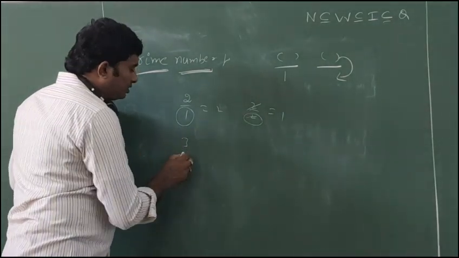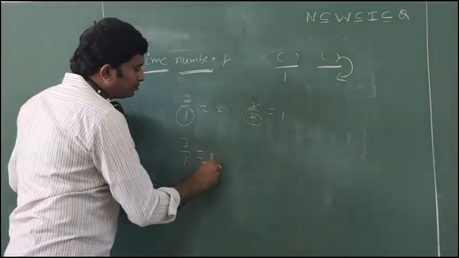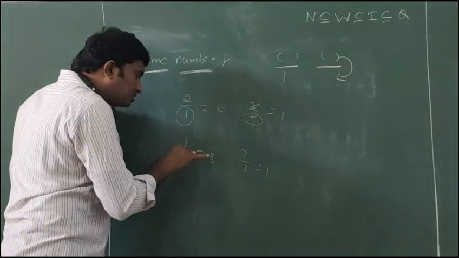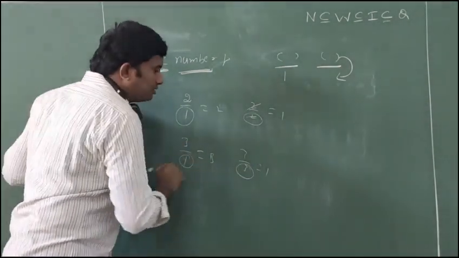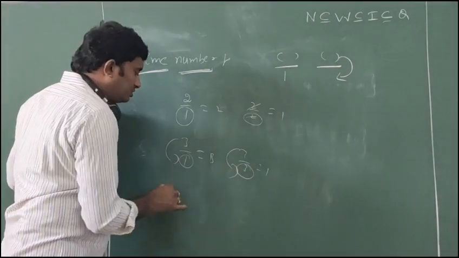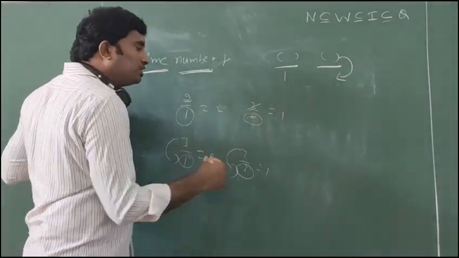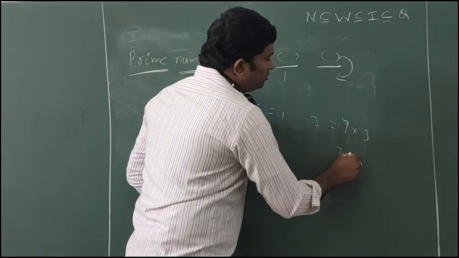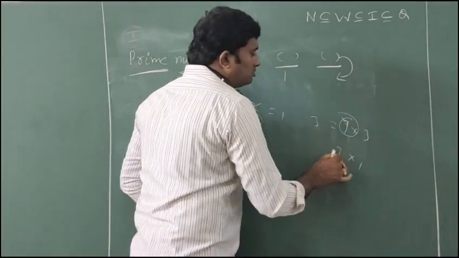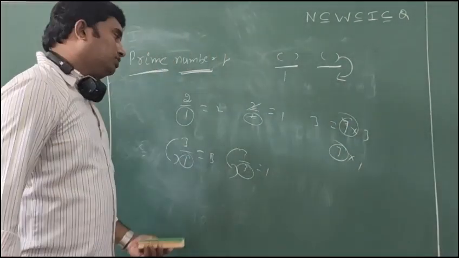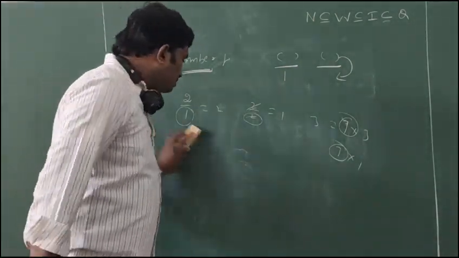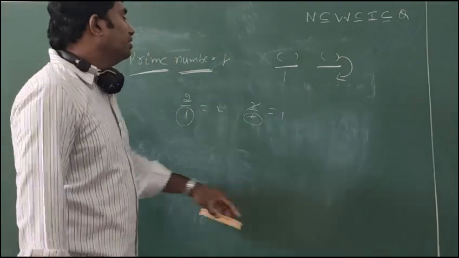What about 3? 3 is divisible by 1 and by itself. Otherwise, 3 can be written as 1 into 3 or 3 into 1. So 3 has two factors, 1 and 3, and 3 is a prime number because it has only two factors.